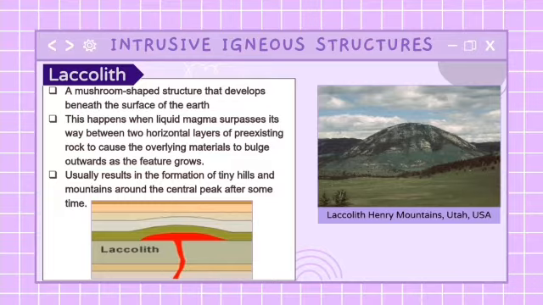With time, this usually results in the formation of tiny hills and mountains around the central peak. They are given the name mushroom-like features because their dome-shaped portions resemble mushrooms. The formation of laccoliths usually takes hundreds of years, and after a volcano has erupted, the dome takes a very extended period to surface to the ground.